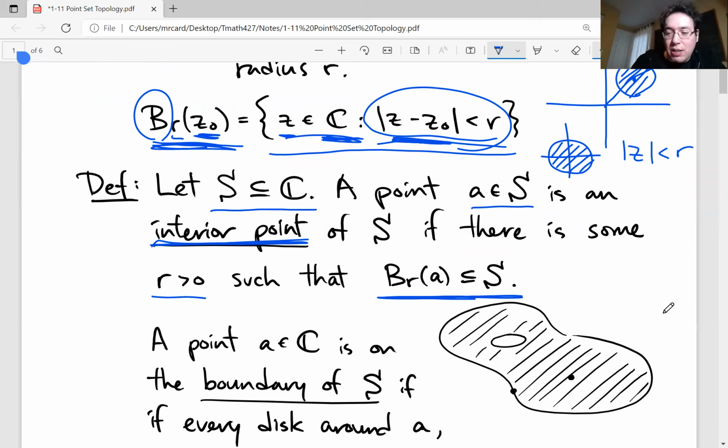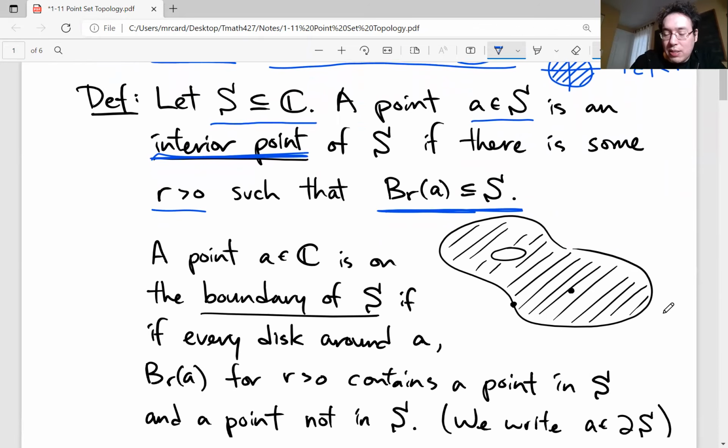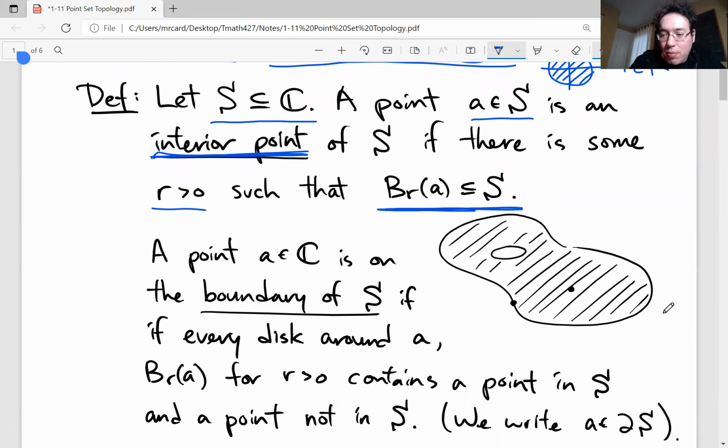If a set looks like this region that I've drawn to the right, and we're looking at that point, we could just pick the radius small enough so the disk is entirely contained in the shaded region. So any point in the middle of the set like that is going to be an interior point.